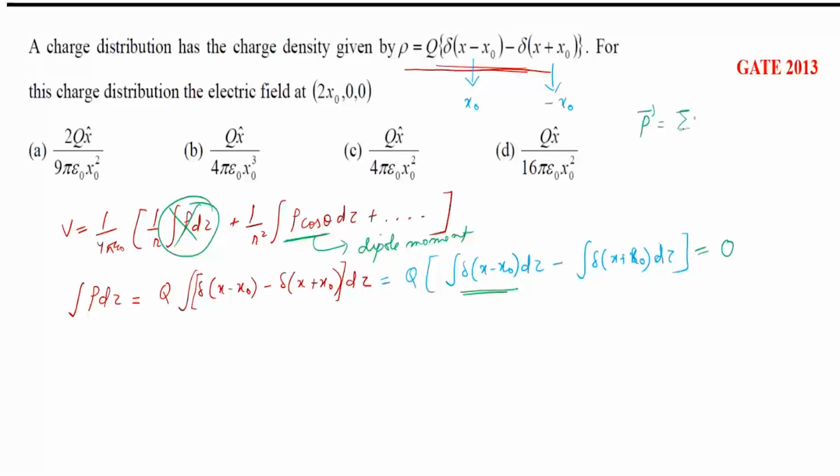It is equal to summation of qi ri. So this one you can write like this: integration of ri rho d tau. Because see, what is this? This is qi only, right?